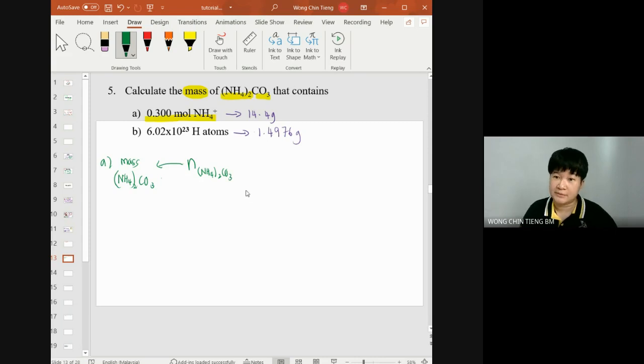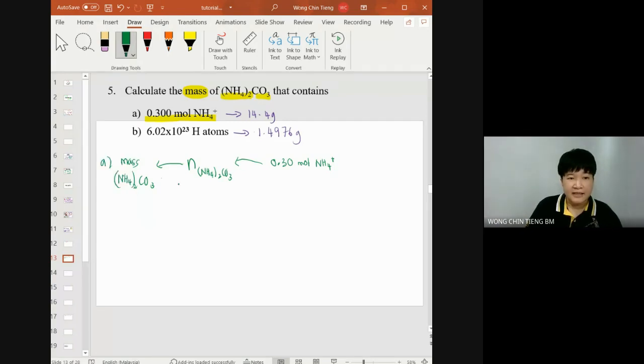Betul? Setuju? Nak cari mass kena ada number of mole lah. Saya nak cari number of mole dia dari mana? Saya akan dapat number of mole dia daripada soalan saya. 0.3 mole of ammonium ion. Okay. So, dari sini kita akan start jawab.